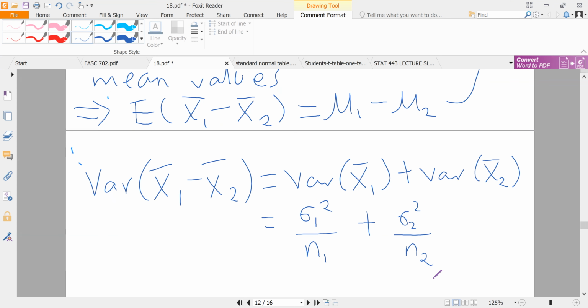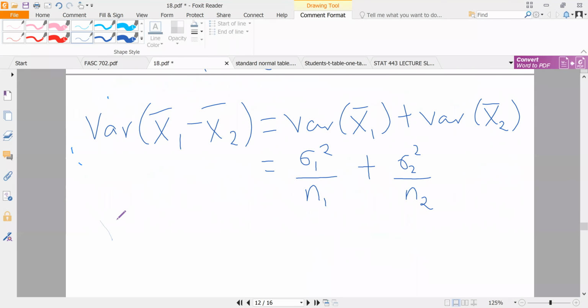Remember, in general, for a random variable x bar, the variance of x bar can be proven to be equal to sigma squared over n.